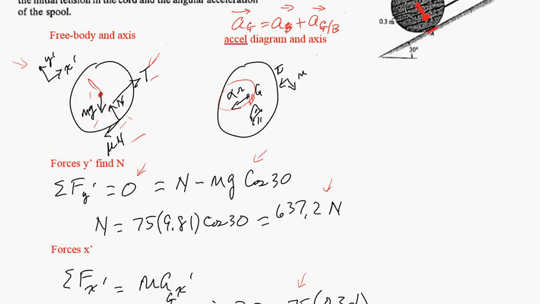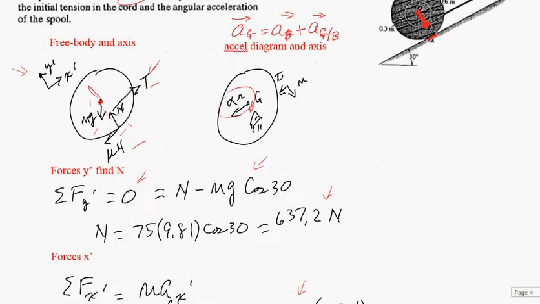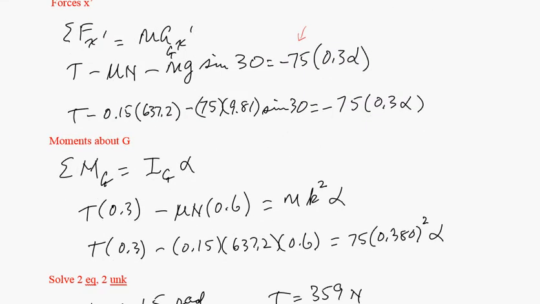Mg doesn't cause any moment. So you simply have T and mu times N. T is times 0.3, and mu times N is times 0.6, clockwise and counterclockwise. And this is equal to the moment of inertia, the mass times the radius of gyration squared, times alpha, and then you solve.